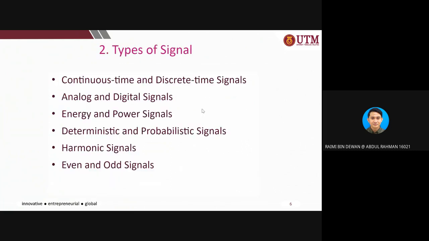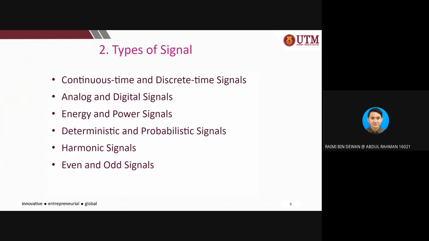Next, we learned about types of signals. We learned about continuous time and discrete time signals, analog and digital signals, and energy and power signals. We learned about deterministic and probabilistic signals. Deterministic is a signal that can be known, and probabilistic is a signal that happens randomly, for example noise.